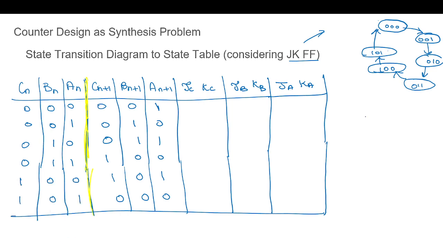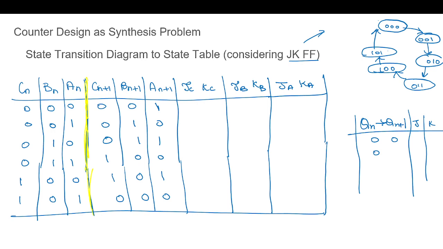Now what will be the values of J and K? From the excitation table of J and K, we know 0, 0 excitation. From the excitation table, it is 0x, 1x, x1, x0. So from this, you have to see Cn and Cn plus 1.